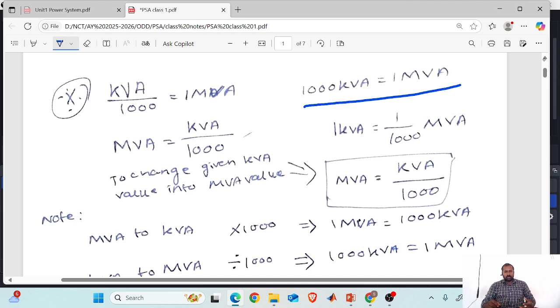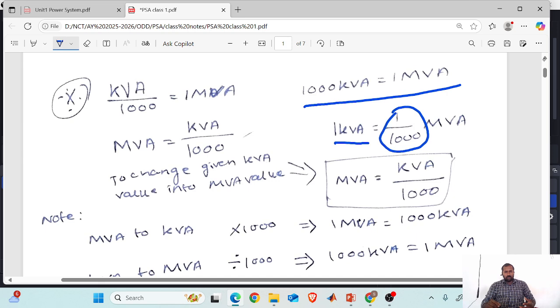If I have the data in kVA and want to convert that into MVA, I have to divide that value by 1000.